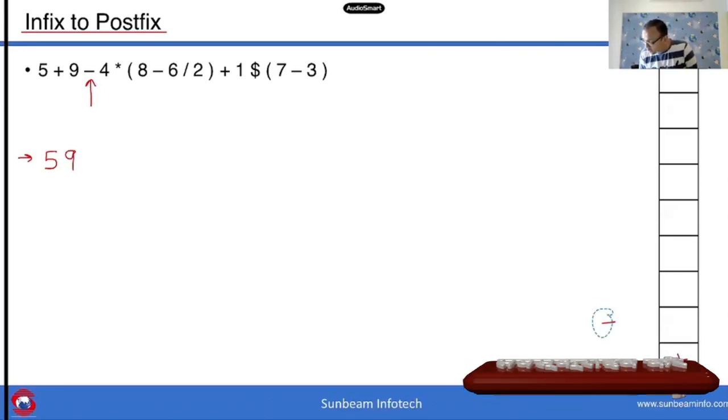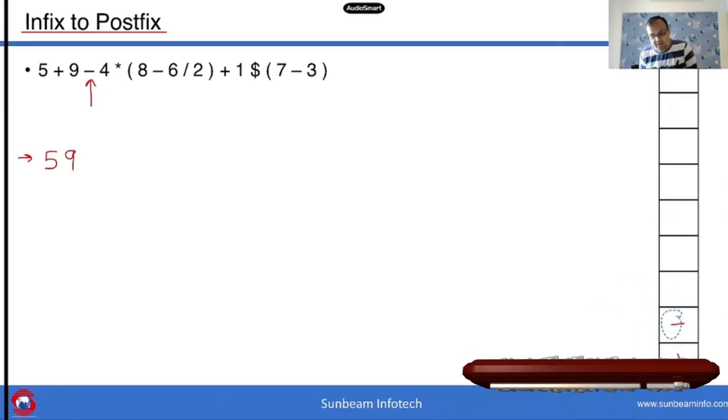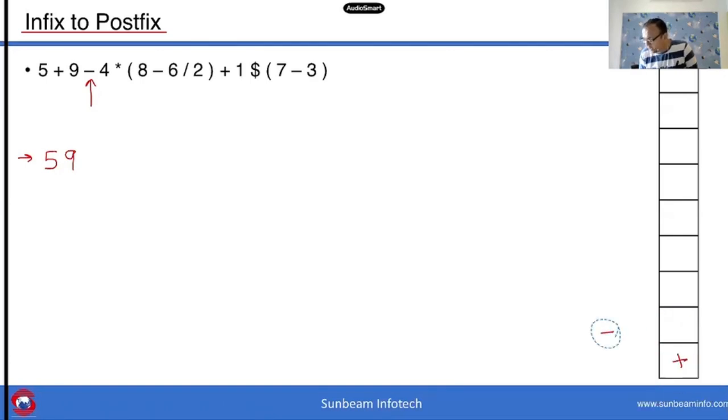Put the other way: if the priority of this is less than or equal to the topmost one, you should pop it and append it to the postfix.